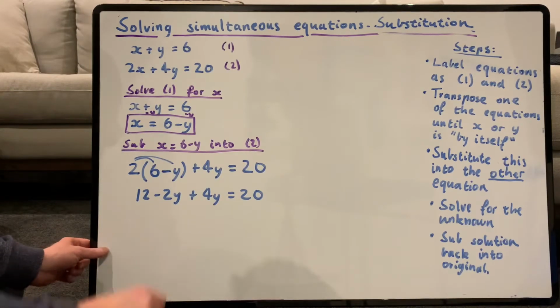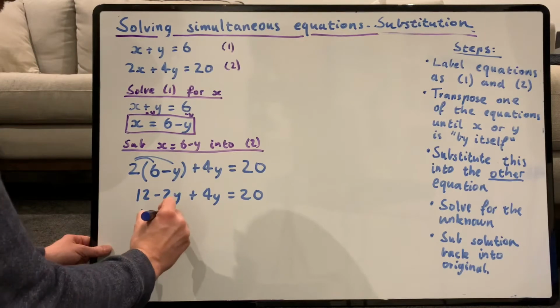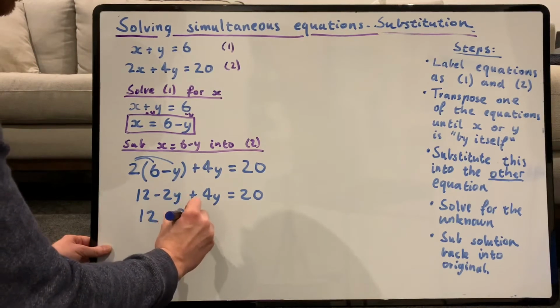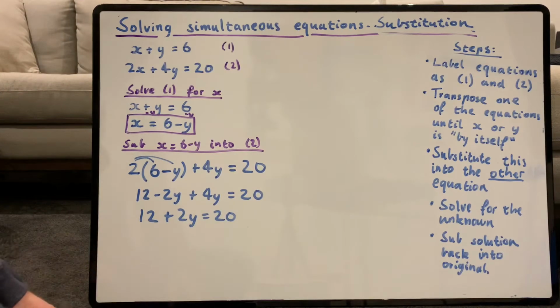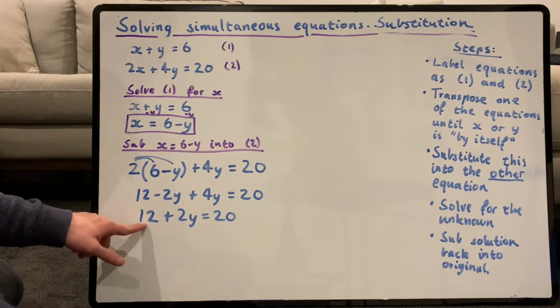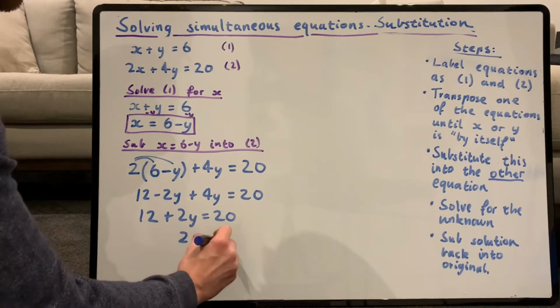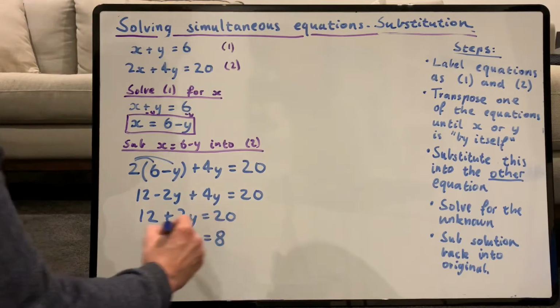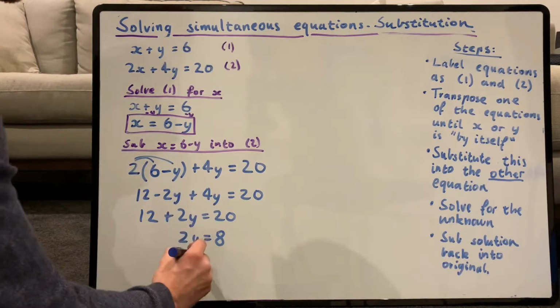Bit of cleanup. Negative 2y plus 4y. 12 plus 2y equals 20. Get rid of the 12. Subtract 12 from both sides. 2y equals 8. Divide through by 2.